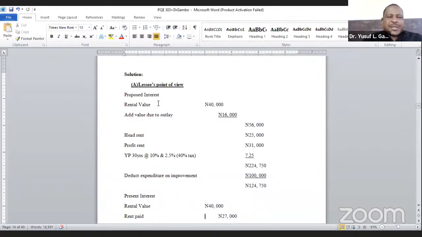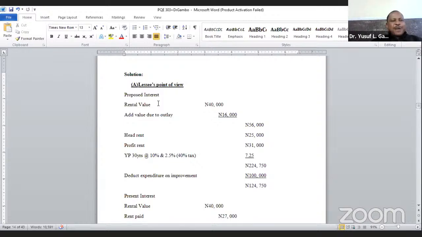That's the solution now. From the tenant's point of view, we have the proposed interest. Then we revert to FRV, which is 40,000.